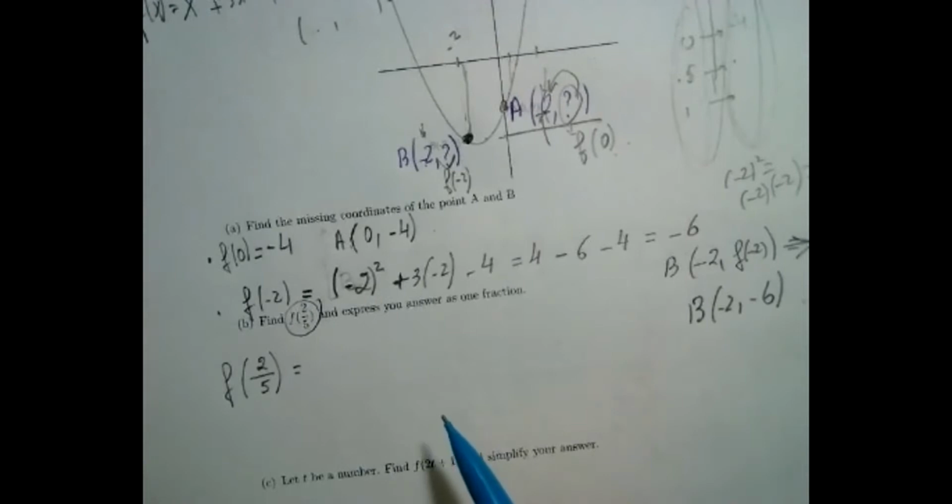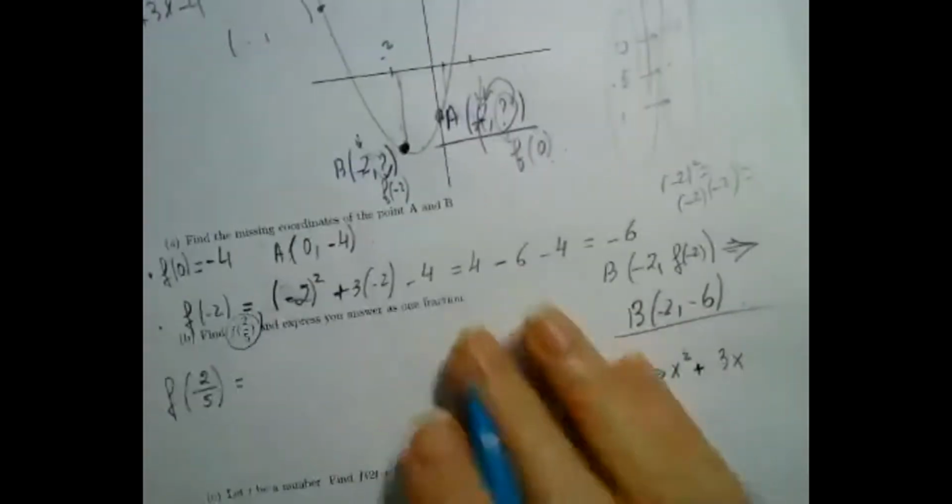I'm not really sure. Okay, what does F do? Takes an input, it sends it to where? X squared plus 3x minus 4.